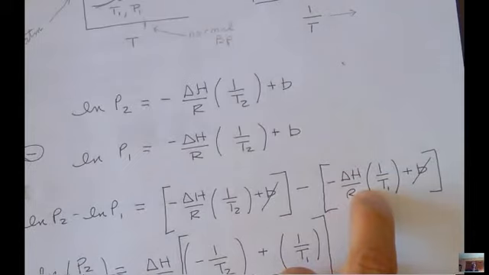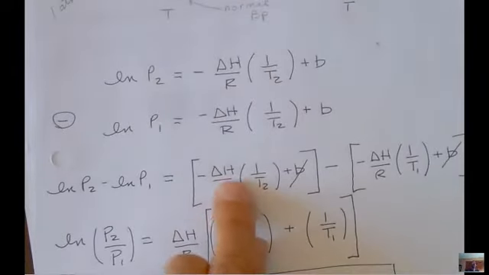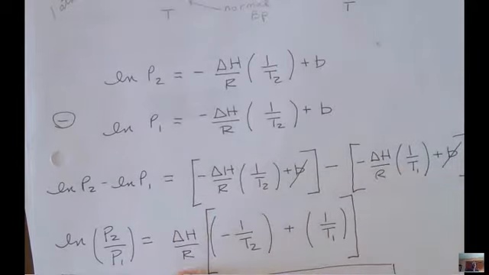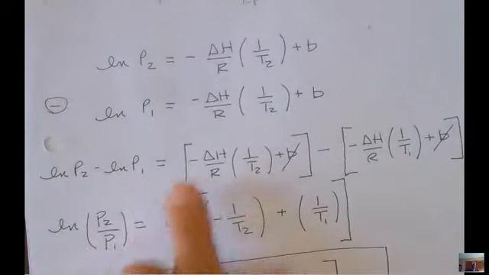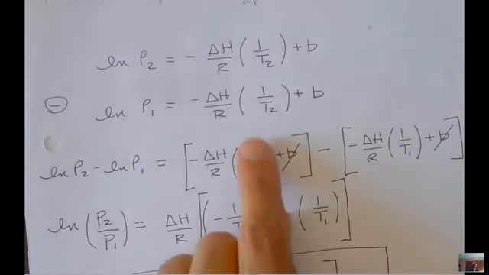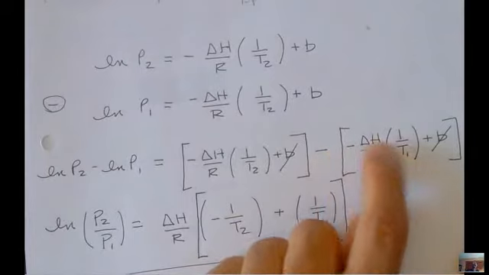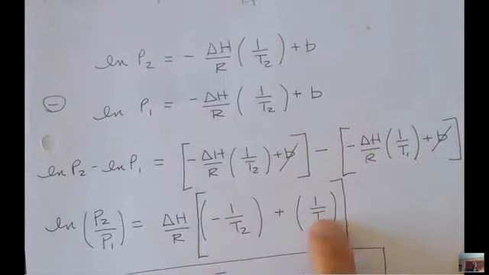Minus delta H over R, 1 over T2, minus, just like here, minus delta H over R, 1 over T1. Okay? So the next thing I could do here is factor out delta H over R. When I factor out delta H over R, that comes out in front, and I realize that there's a minus sign in front of 1 over T2 and a minus 1 over T1 in the back. What's a minus times a minus? That's a plus.